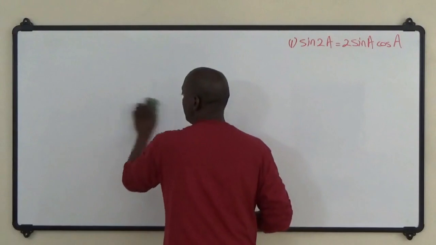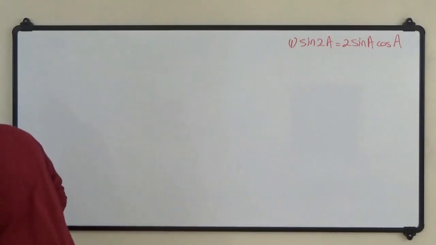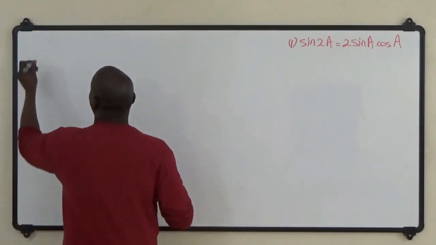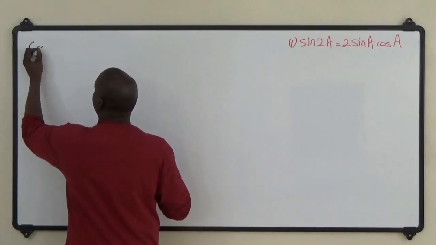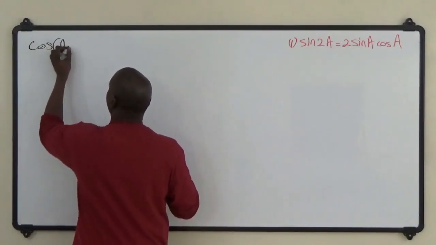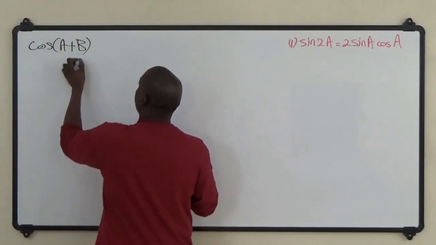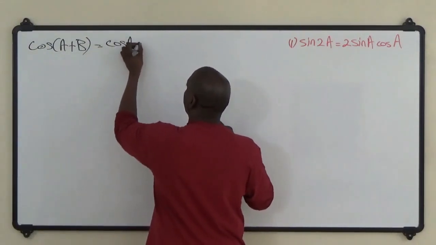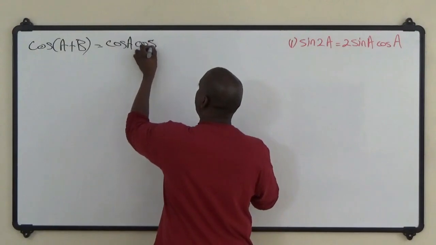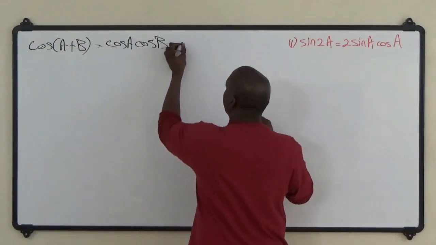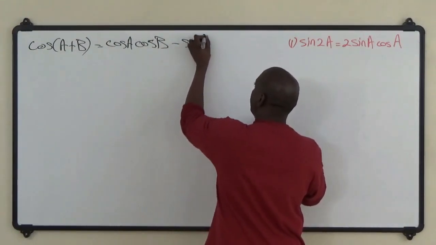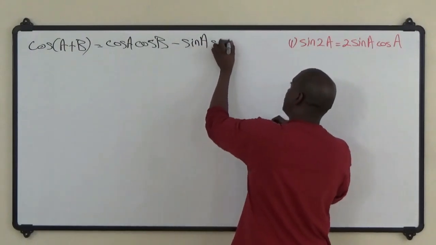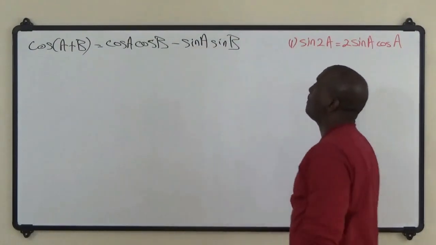Instead of sine A plus B, we now start off with cosine of A plus B. We know that the cosine of A plus B is equal to cos A cos B minus sine A sine B. All right?